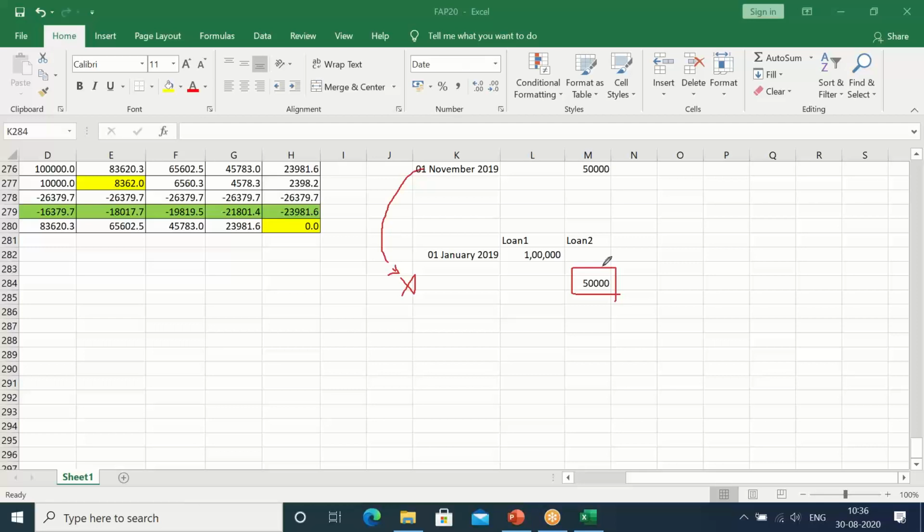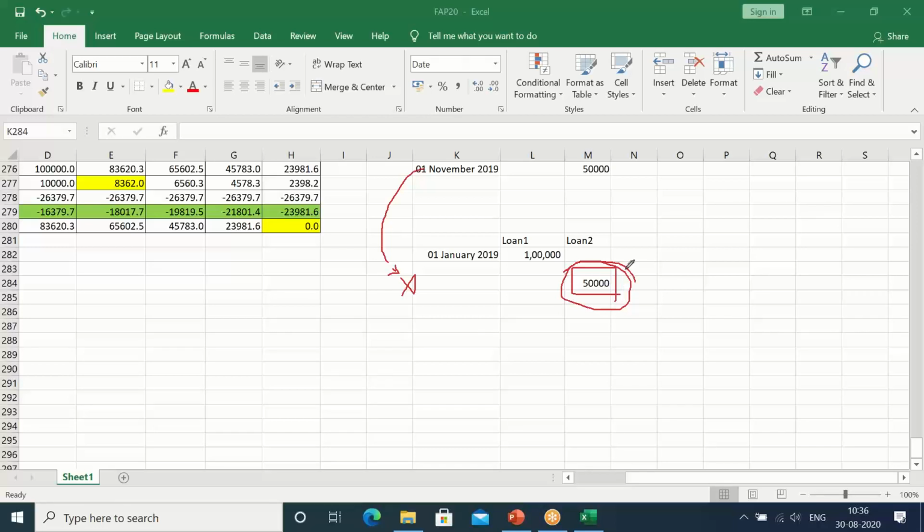Hello, am I audible? Yes, you're audible. So now, because I don't know the month or the date in which this loan has been taken, it's not practically possible to calculate the interest for the entire 12 months, because that could also be technically wrong.